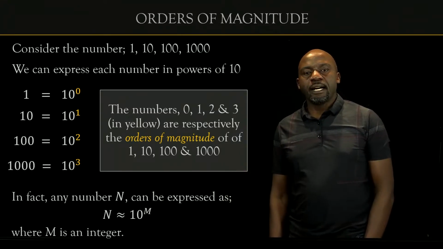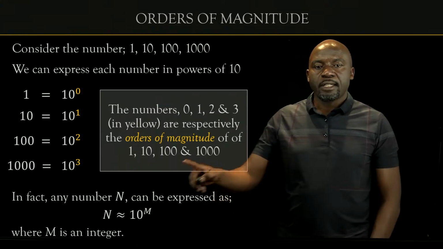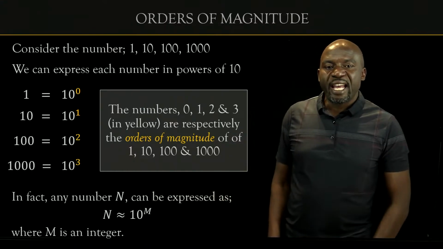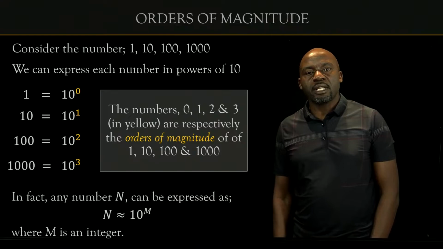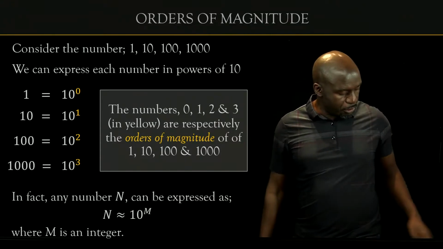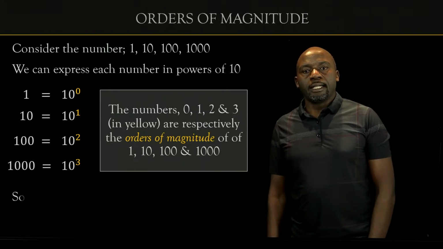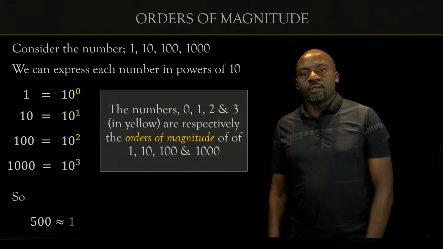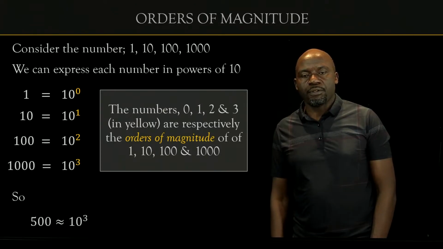So in fact, any number n can be expressed as n is approximately 10 to the power of m, where m is an integer. Okay, so if it is a decimal number, then we have to round it off to an integer. Okay, let's see what we are talking about. So 500 is the same as 10 to the power of 3. We will see that.